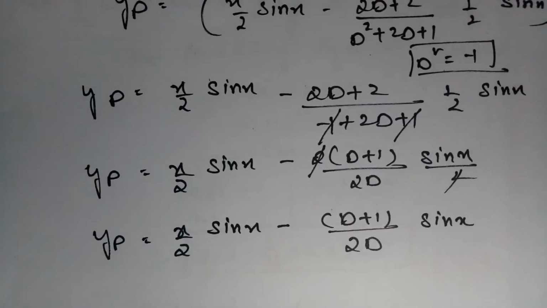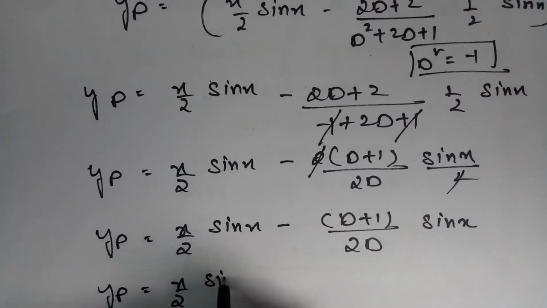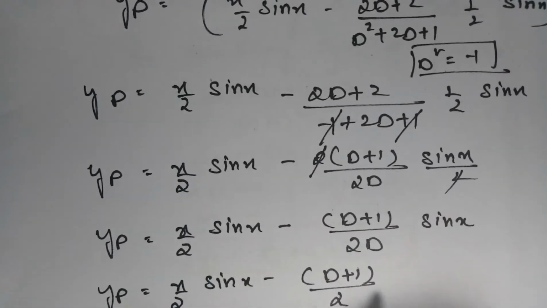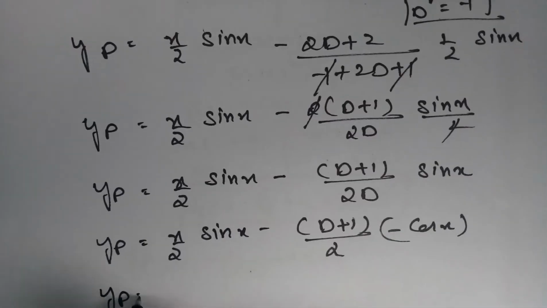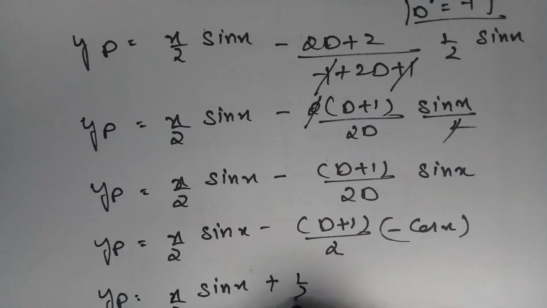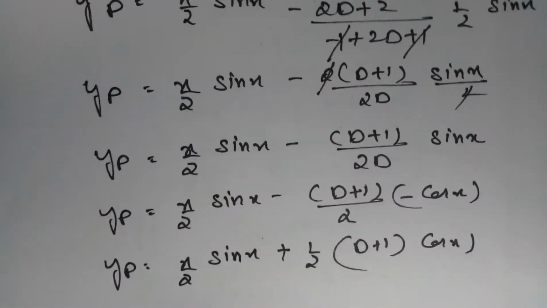If you see, the derivative I have to get. So yp is equal to x by 2 sin x minus d plus 1 by 2. Here it is integration. Integration of sin x is minus cos x. Then yp is equal to x by 2 sin x minus of minus plus half times of d plus 1 into cos x.